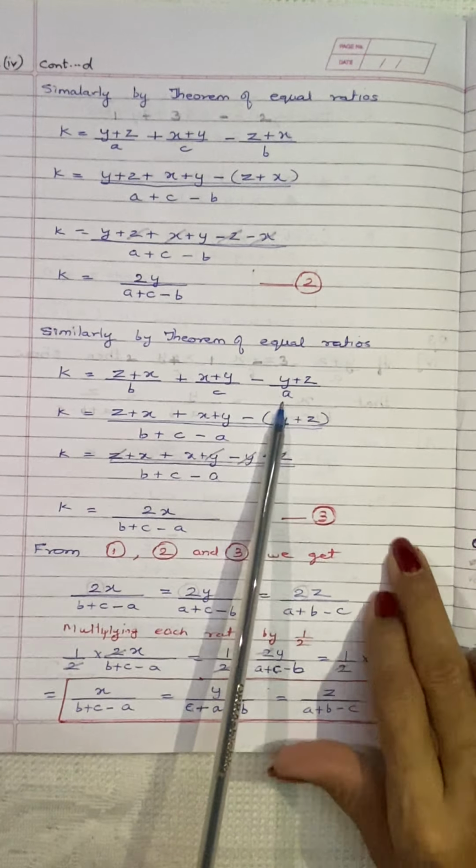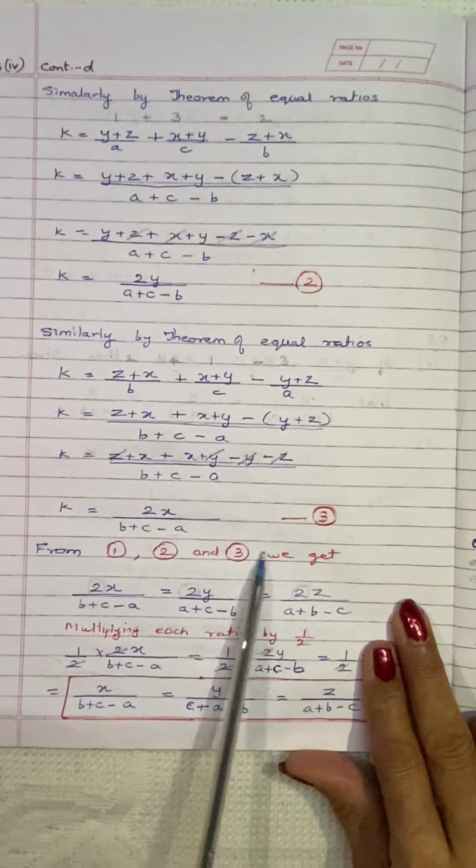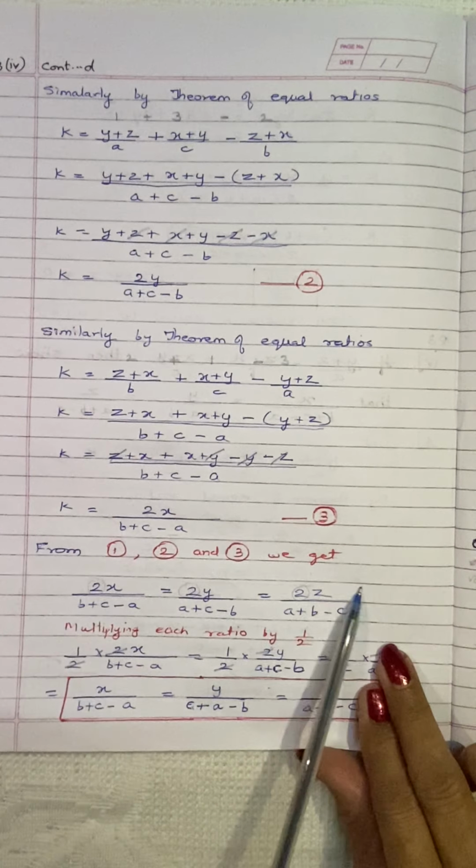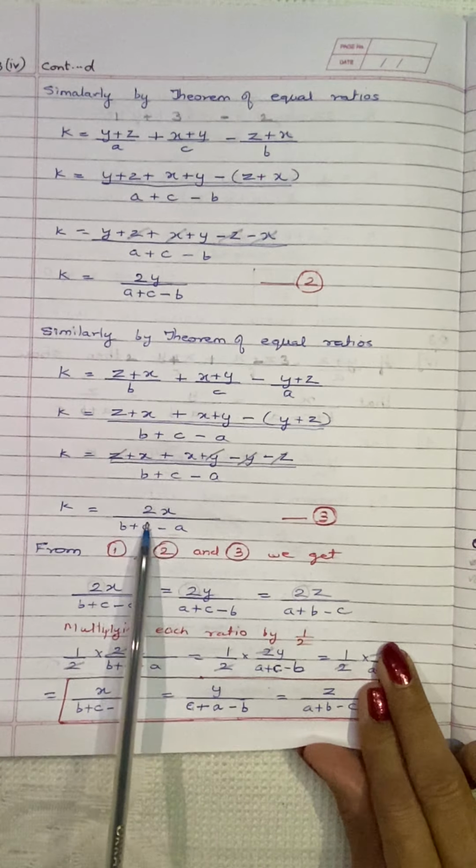What is left is x plus x, 2x upon b plus c minus a. Now from expressions 1, 2 and 3 we get 2y upon a plus c minus b, then 2x upon b plus c minus a, and in the previous page we got 2z upon a plus b minus c.